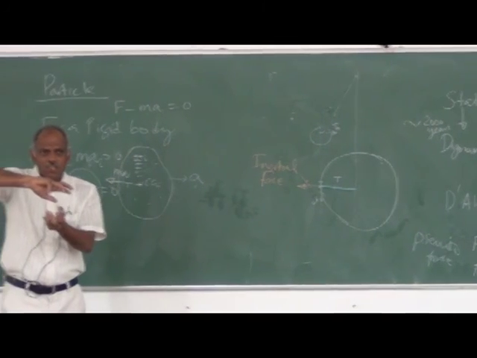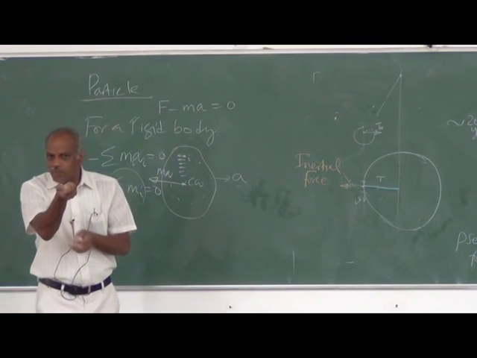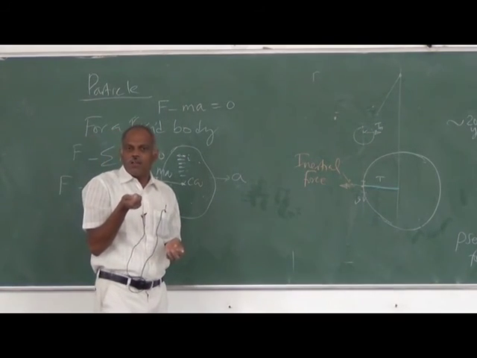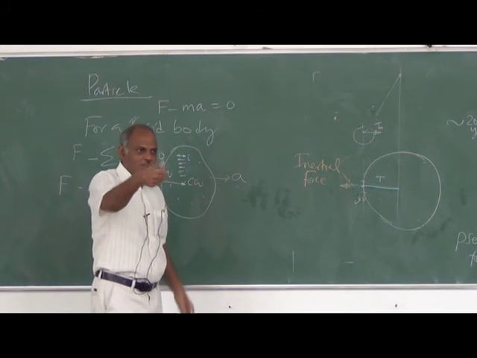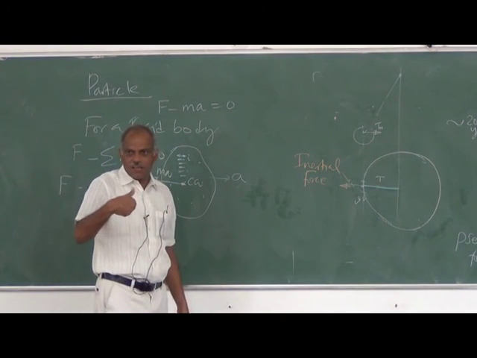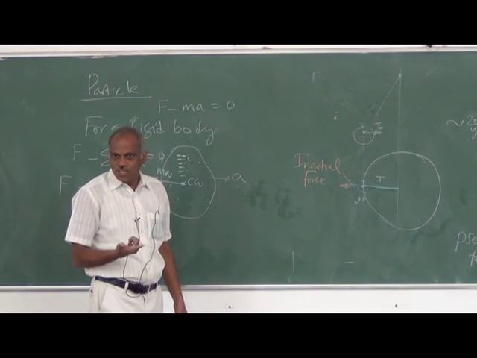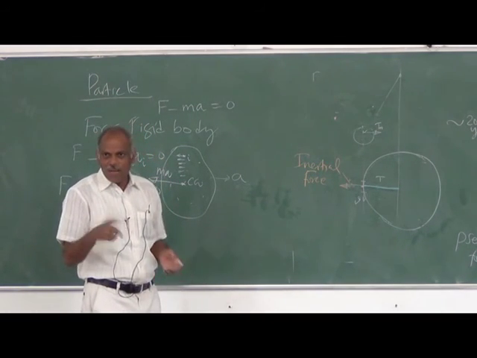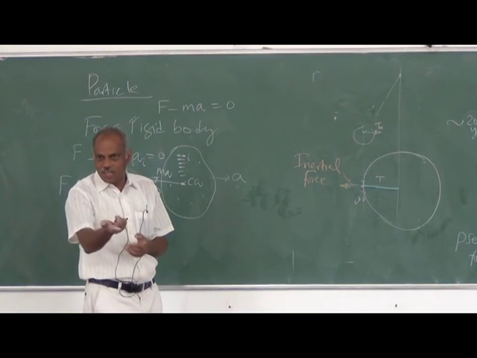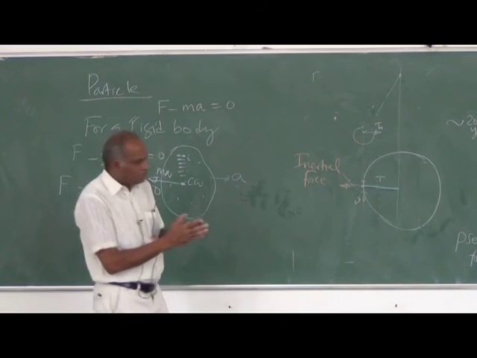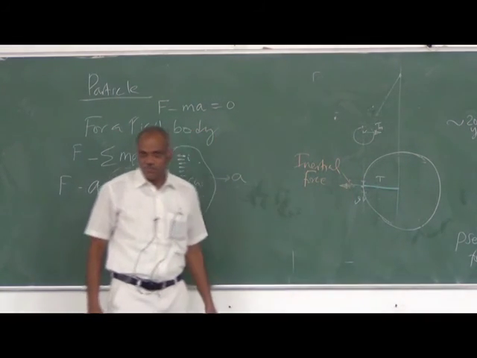So a particle which is subjected to a centripetal acceleration, the force is applied by this rope. It gives the action force of the centripetal force, but it experiences a reaction force. That reaction force happens to be equal in magnitude but opposite in direction. It is the same as this inertial force.